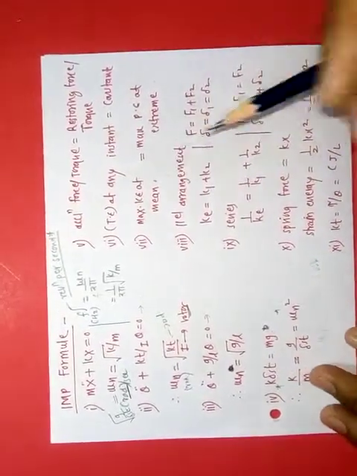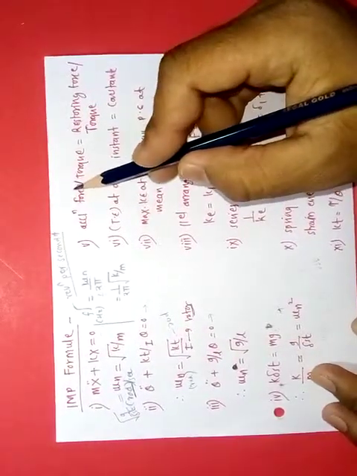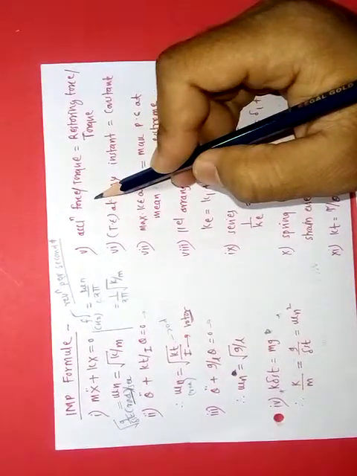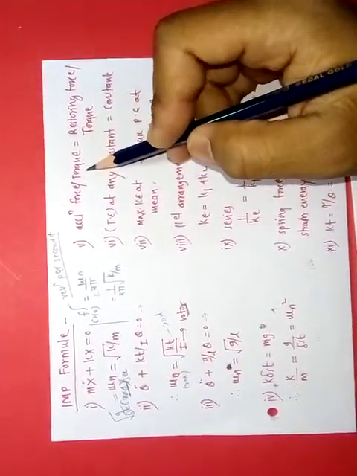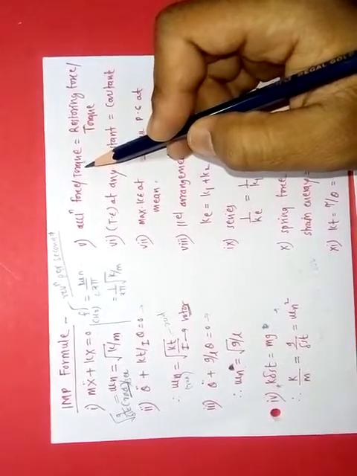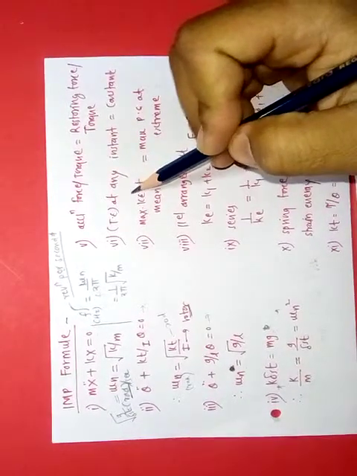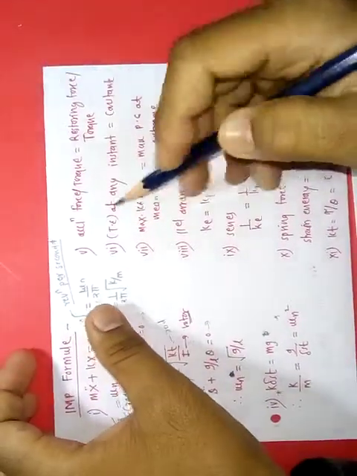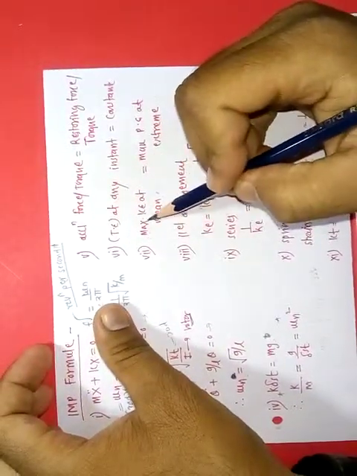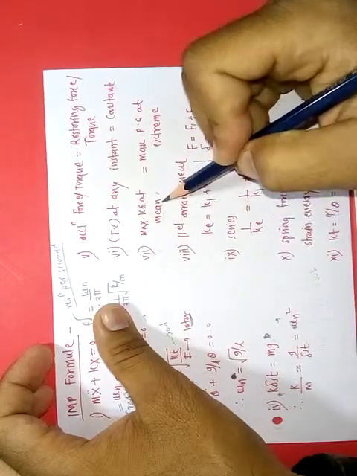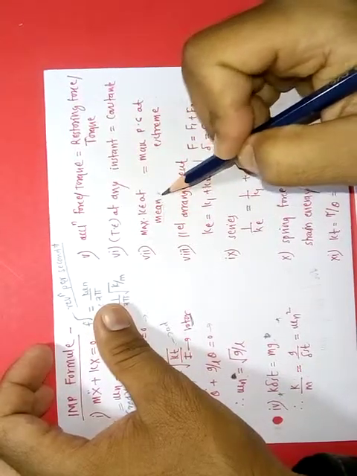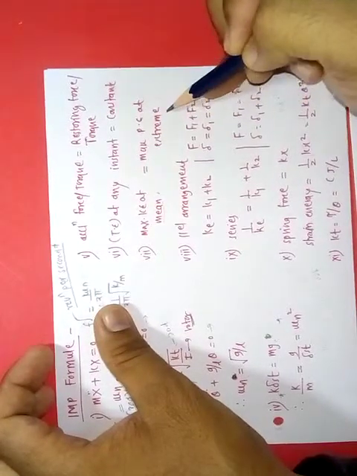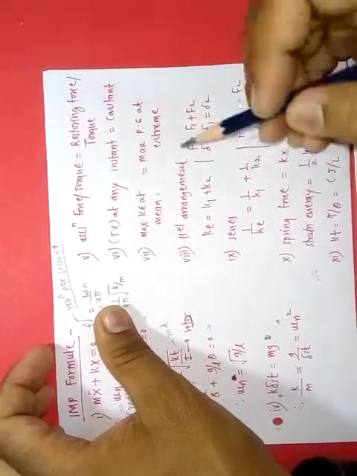Then by Newton's method we have accelerating torque is equal to restoring torque, or accelerating force is equal to restoring force. Next, by energy method, total energy at any instant is constant. Then by Rayleigh's method we have maximum kinetic energy at mean or equilibrium position is equal to maximum potential energy at extreme position.